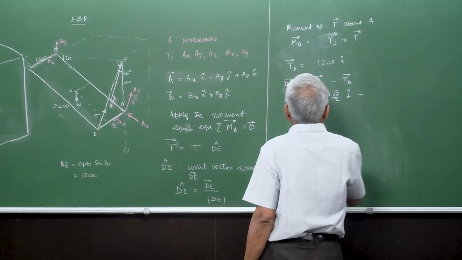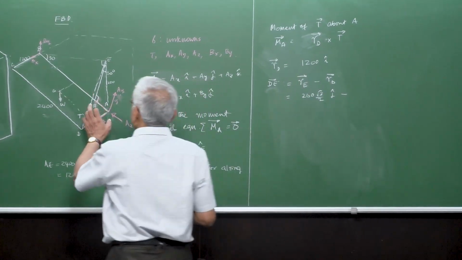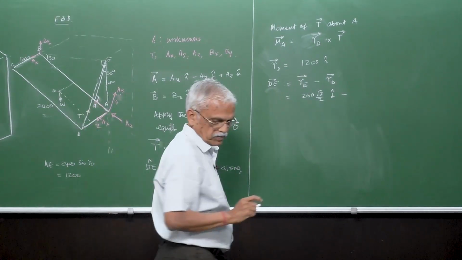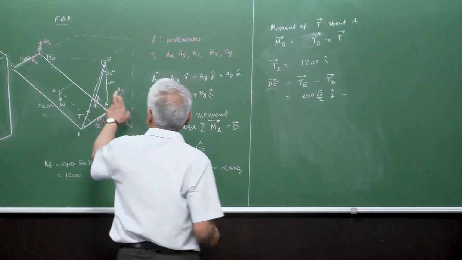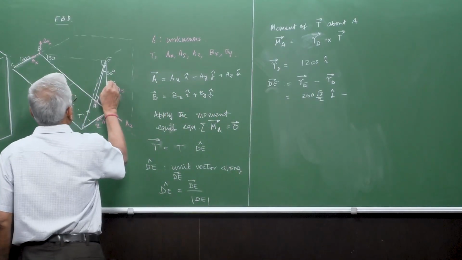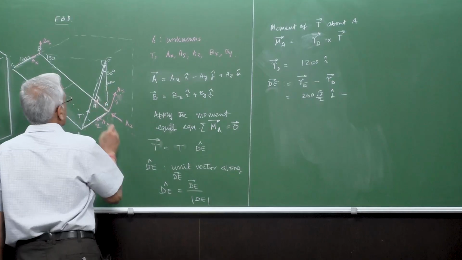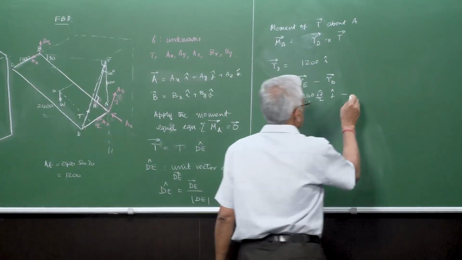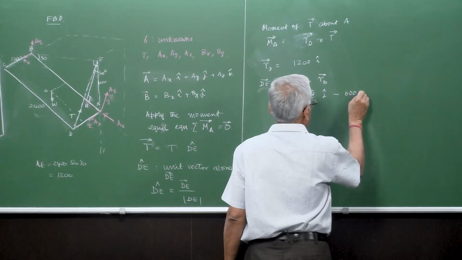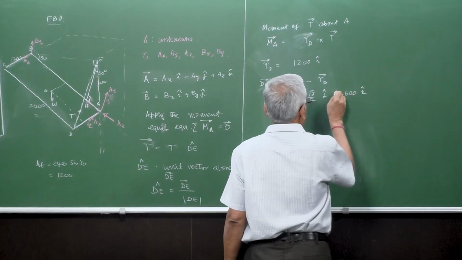And in the Z direction, with the length 1200 and sine 30, it is 600 k.